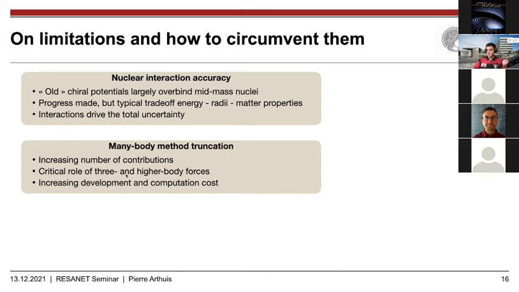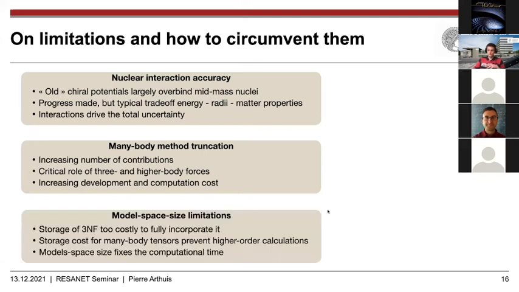And ideally, even though we are not there yet, you would take into account diagrams with higher-body forces as well. So this means an increased cost in terms of development. You have more contributions that you need to code, test, and benchmark, and in the end, an increased computational cost, because you have more contributions, and each of those individual contributions actually costs more time. So all of this is preventing us from going towards higher-order, higher-precision methods right now.